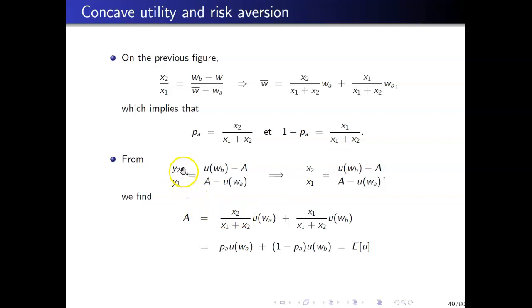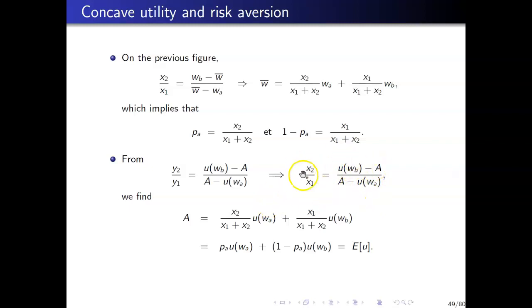Now we have the ratio of y2 over y1, which was utility of B minus A, divided by A minus utility of A. But now we have shown in the previous figure that y2 over y1 is equal to x2 over x1. So x2 over x1 is equal to this fraction here.